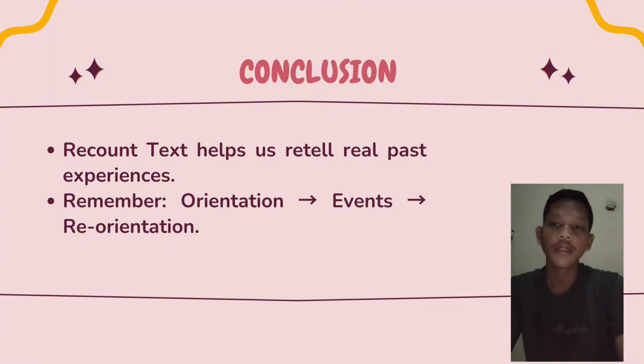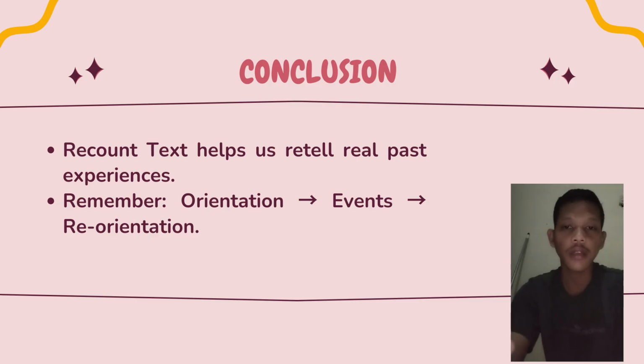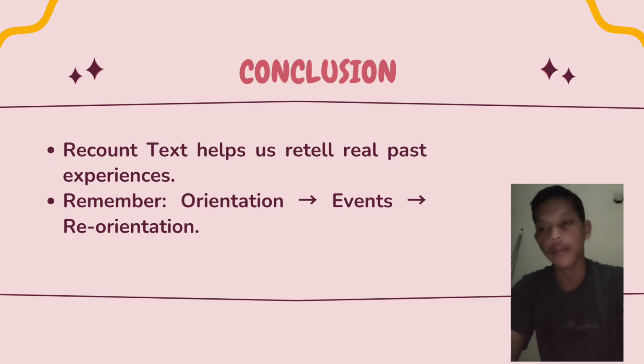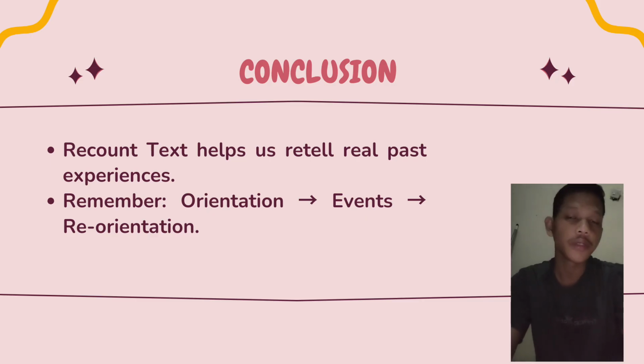And the structure is orientation, record of events, and reorientation or comments. And the language features include past tense verbs, time connectives, and action verbs. And remember, recount is based on reality, while if you talk about an imaginative story, it is a kind of narrative text, not recount text, right?